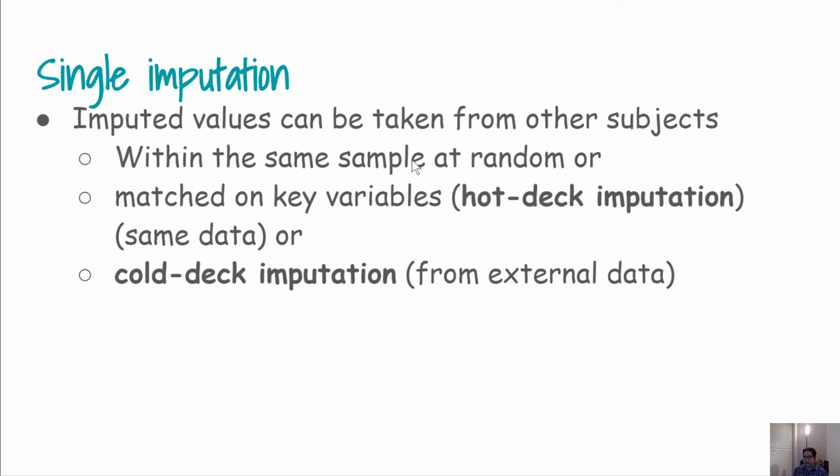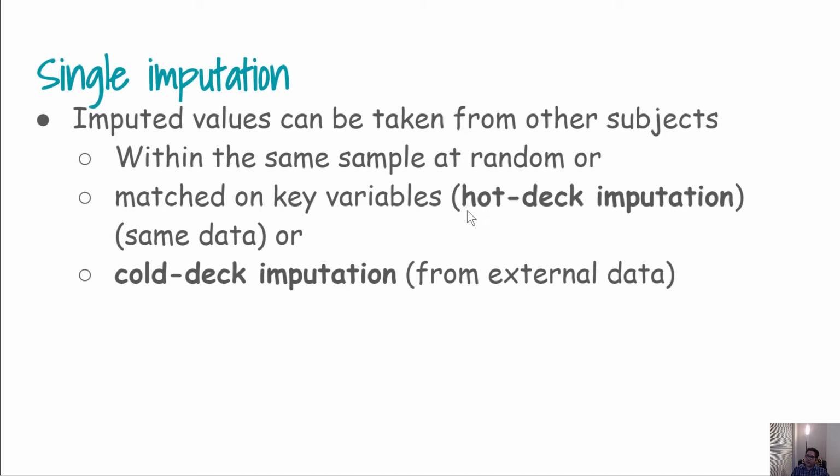So everybody whose income is between 50,000 and 80,000, whose BMI is around 29, whether they are college educated or not, whether they are married or not, based on all of these, we have a pool of people in our data set. From that pool we select one person, and then we simply take that person's age and impute it to the person who did not fill out the age.